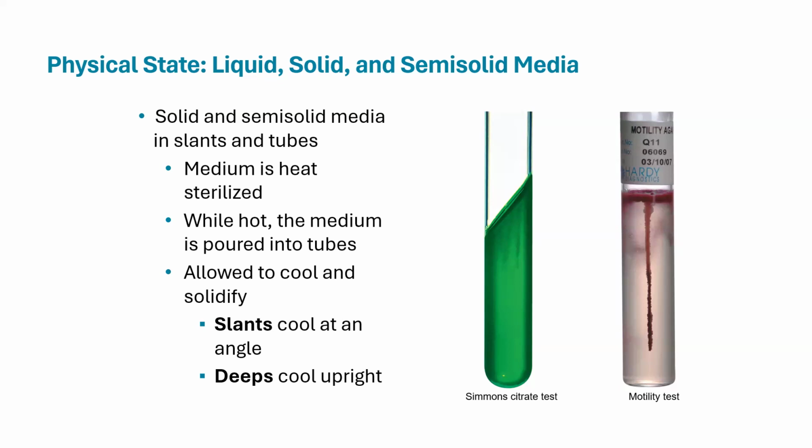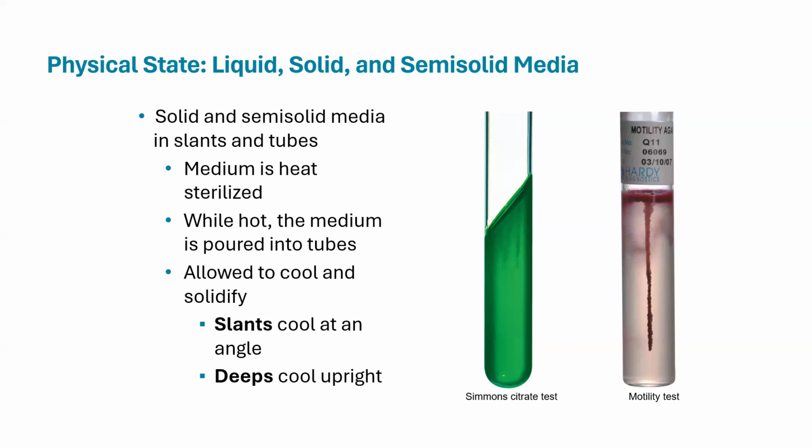It gives us more surface area to streak an organism on, or a deep, and these are used for stabbing into the medium. While I'm not familiar with semi-solid slants, I'm only really familiar with solid slants. When it comes to deeps, where you do the stabbing, it can be solid or semi-solid.